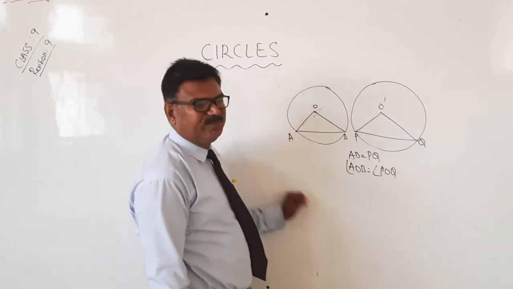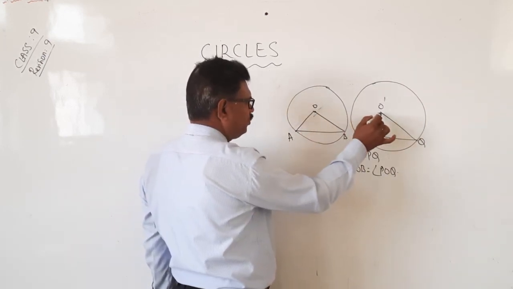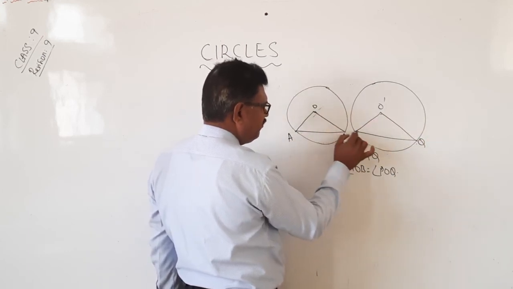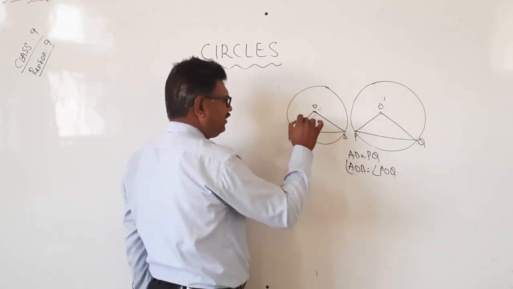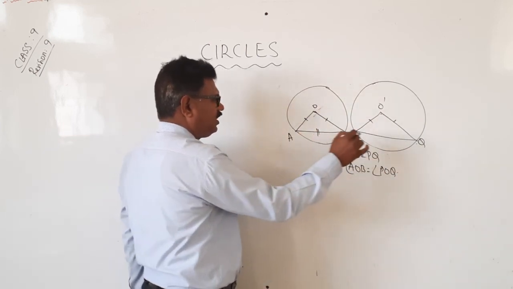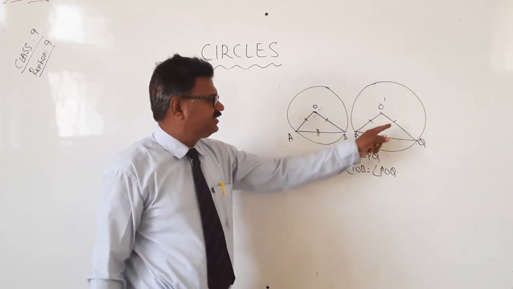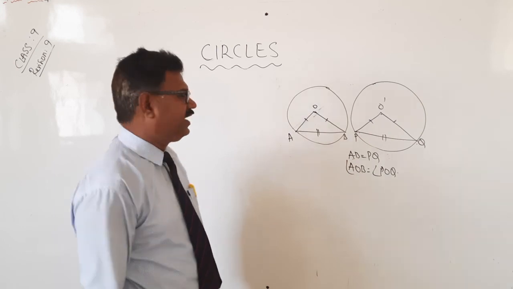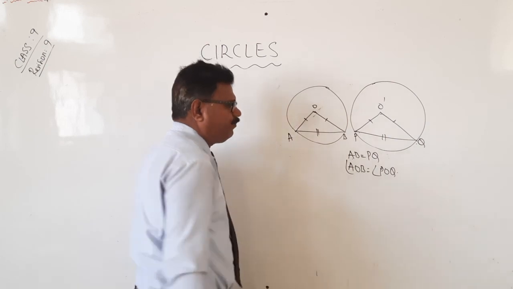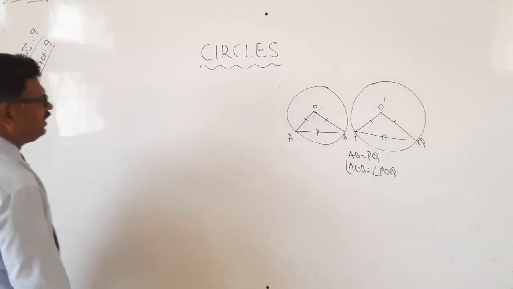Congruent circles means the radii are same. Therefore, OA equal to OP, OB equal to OQ, and AB will be equal to PQ. Therefore, all are equal, and by SSS condition these two are congruent. Therefore, angle AOB equal to angle POQ by CPCT. Understood?